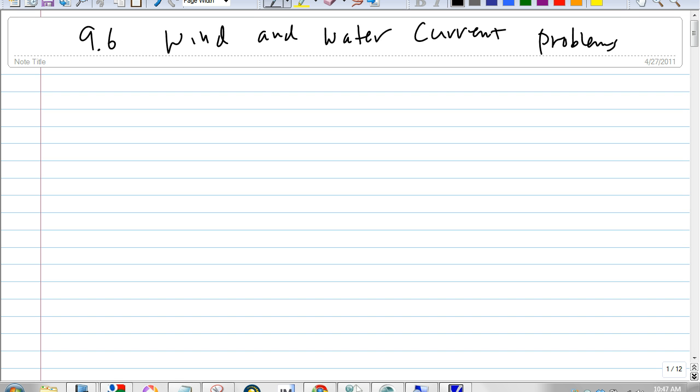So write down let R be the rate of the moving object: jet, airplane, boat.